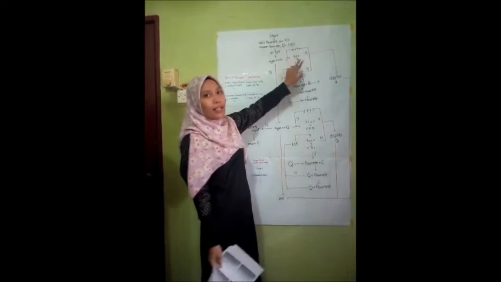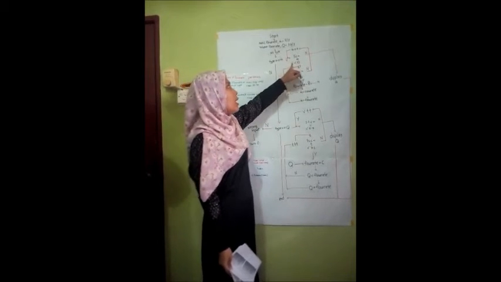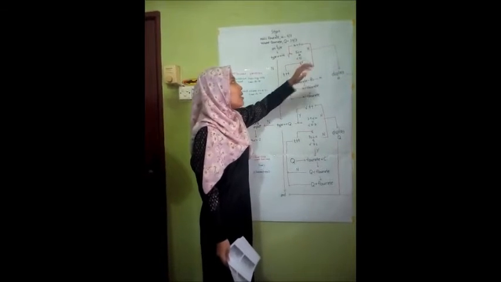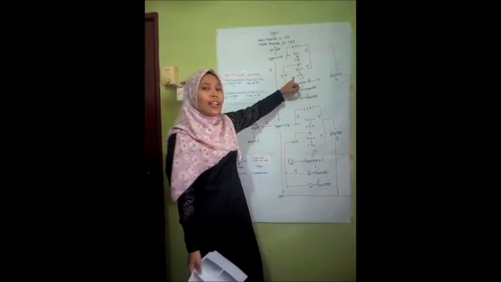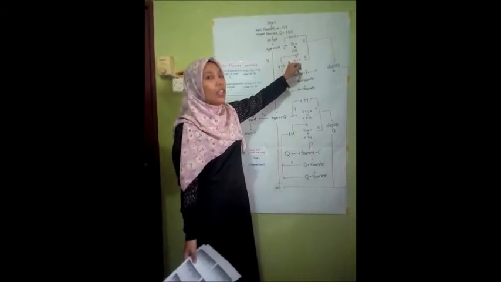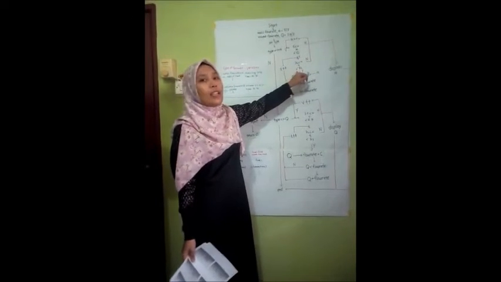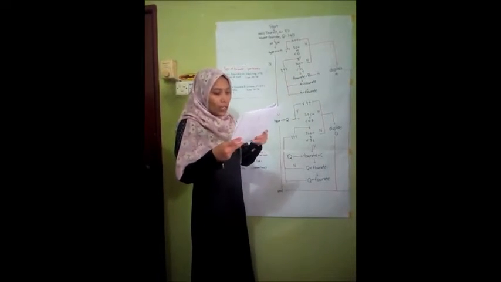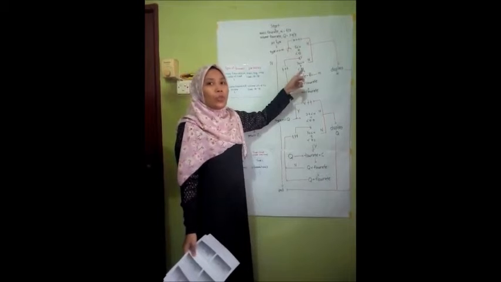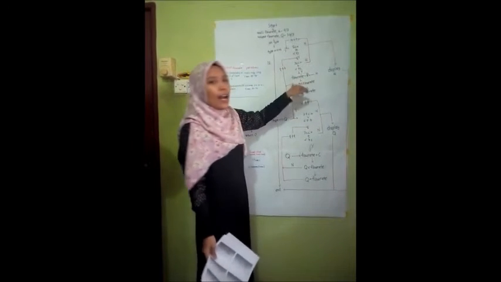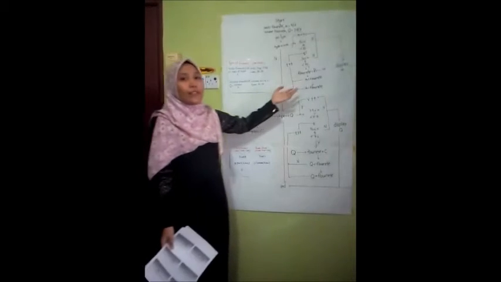If yes, we go to the range of mass, which is mass more than or equal to 5 or less than 10. If yes, it will go straight to the range of time, which is more than or equal to 3 seconds or less than or equal to 7 seconds. If yes, it will show the process of flow rate equal to B.